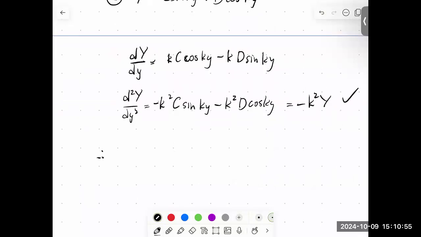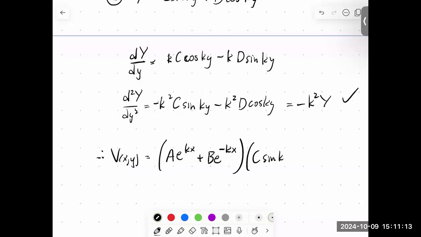Okay, so therefore, our separation of variables solution is just x times y. And we said x is going to be a e to the kx plus b e to the minus kx, and y is c sine ky plus d cos ky. All right.